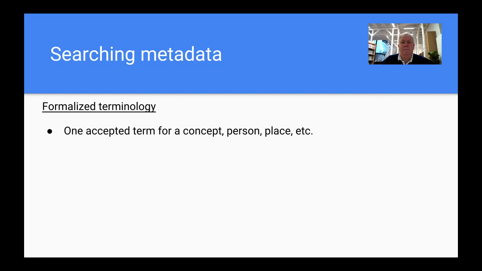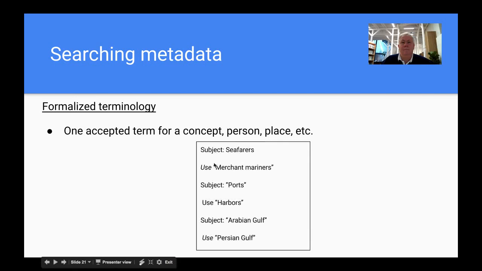For instance, it's common to use thesauri, where we have one accepted term for a concept or a person or a place, and that's the term that is used in these discrete fields, particularly in subject headings, author fields, etc. So, for instance, in the Library of Congress Subject Headings, which is a huge and widely used thesaurus by libraries, if you were to type the word seafarers in a subject heading, you would get a reference, in a good database anyway, saying use merchant mariners.